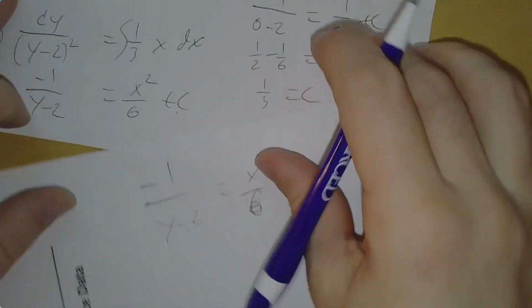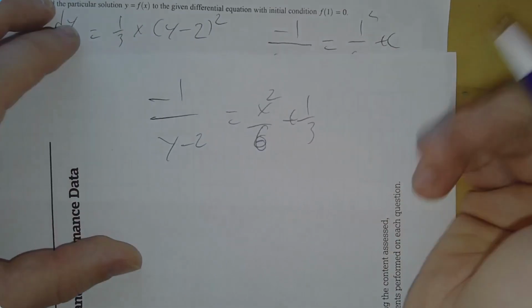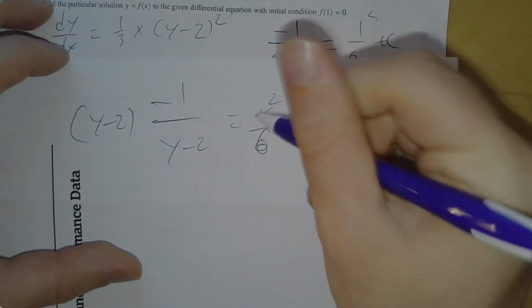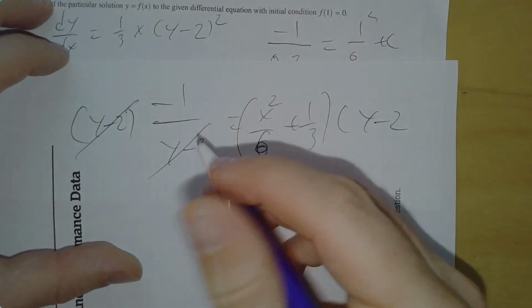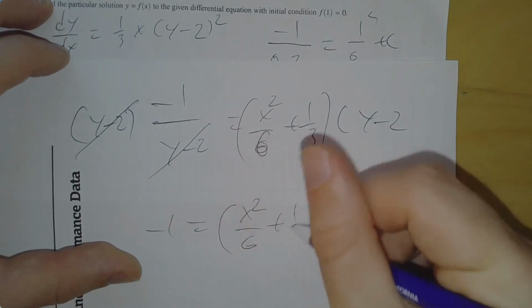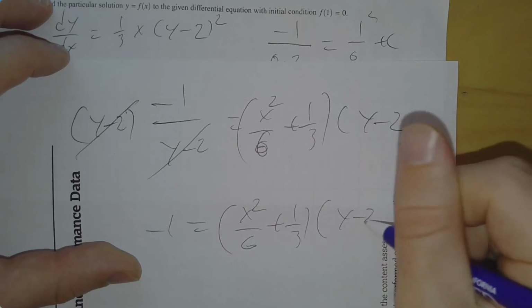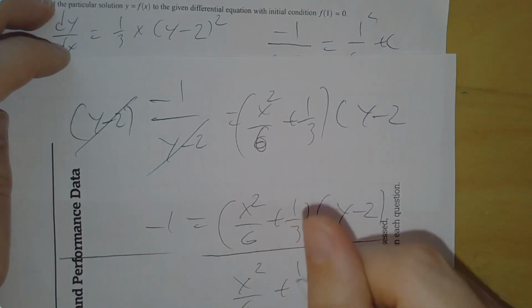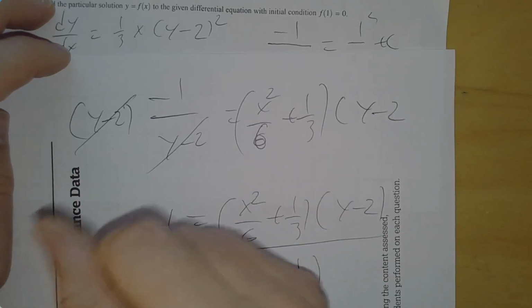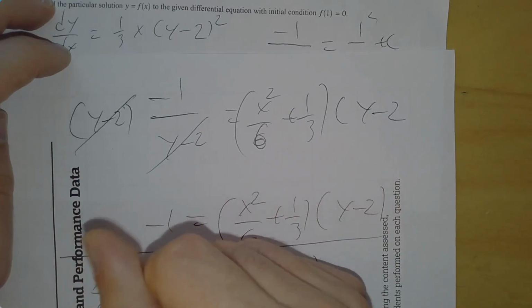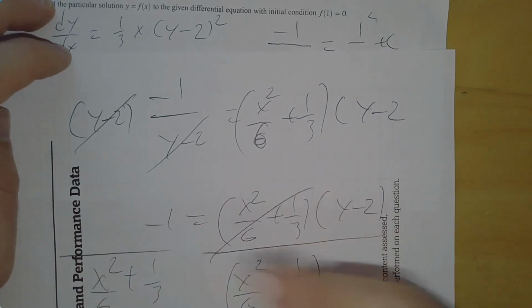Your goal is just to get y alone. This is kind of a hard algebra problem. To get y alone here, you multiply both sides by y minus 2. So that cancels. You get negative 1 equals (x squared over 6 plus 1/3) times (y minus 2). Then you're going to divide both sides by x squared over 6 plus 1/3, and that's going to cancel with that.